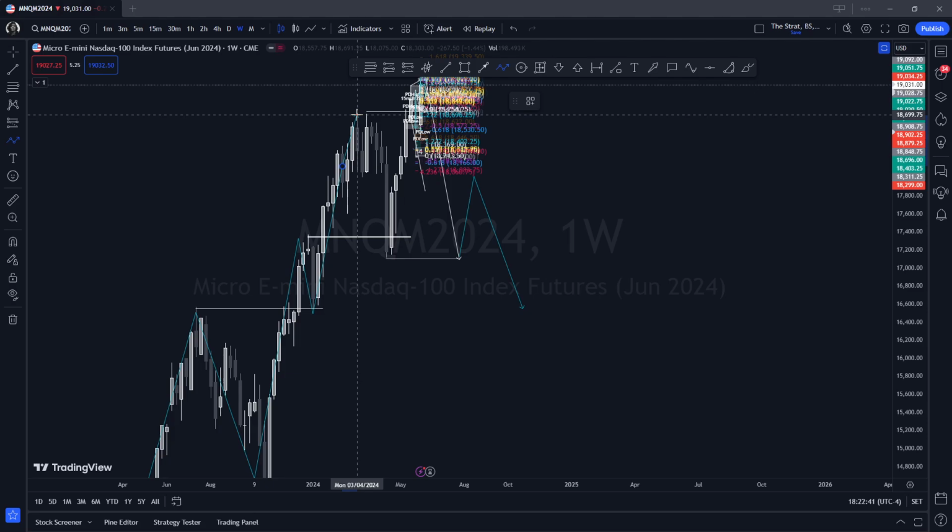So there's that, and then we have this pullback here, and so this is a little concerning right here. But then again, it swept it, and then it did make another higher high.